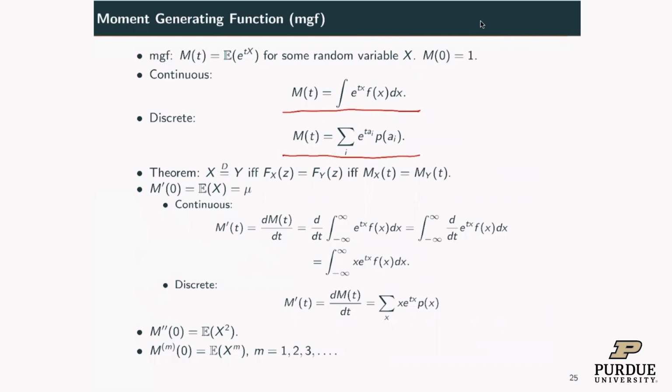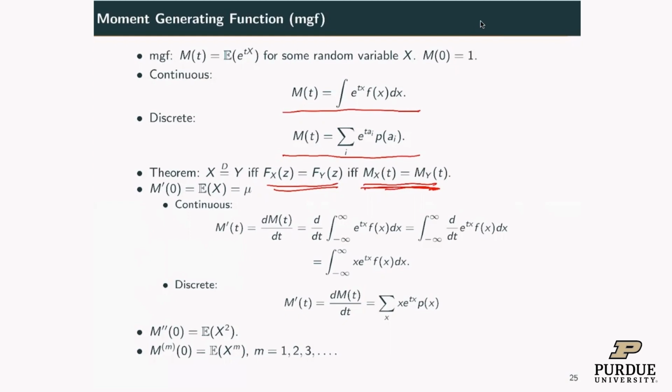If x and y have the same distribution, we know the CDFs are the same. We also know the moment generating functions should be the same. The moment generating function, MGF, uniquely decides the distribution.